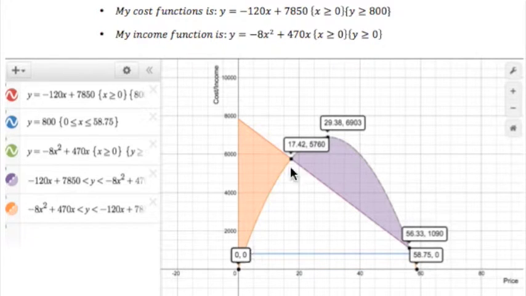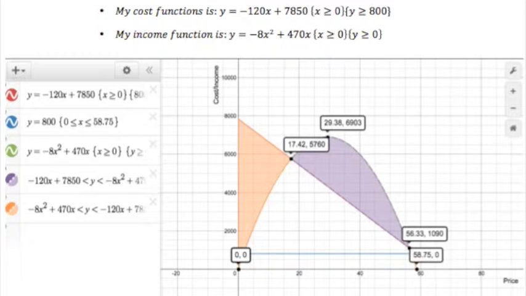Also, we still have the parabola from our graph previously, and 29, like I said before, is the best price for me to sell my product. The y-axis shows my cost and income, and the x-axis shows my price.